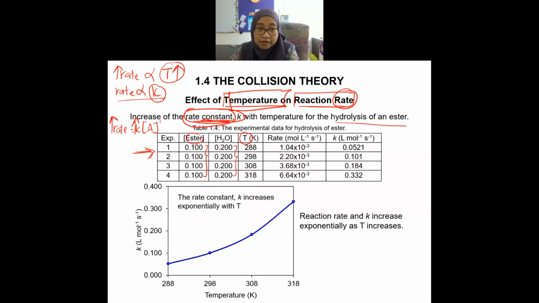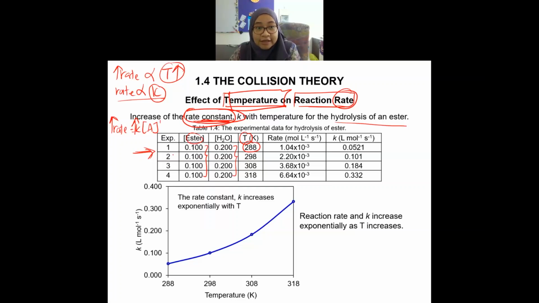Okay, we do not vary the concentration because we don't want to study the effect of concentration, but what we want is to study the effect of temperature on the rate and also on the rate constant. See?